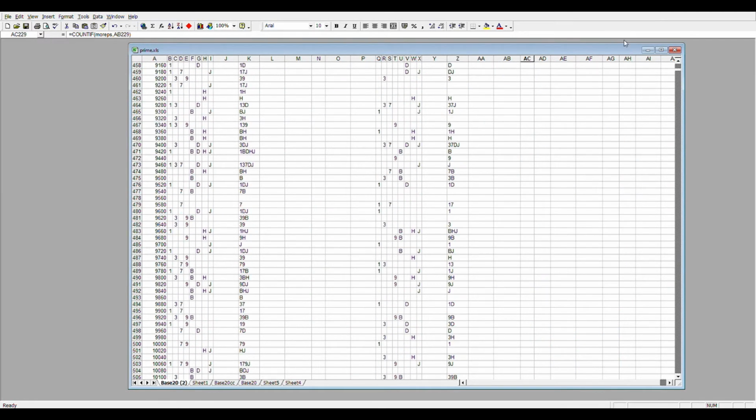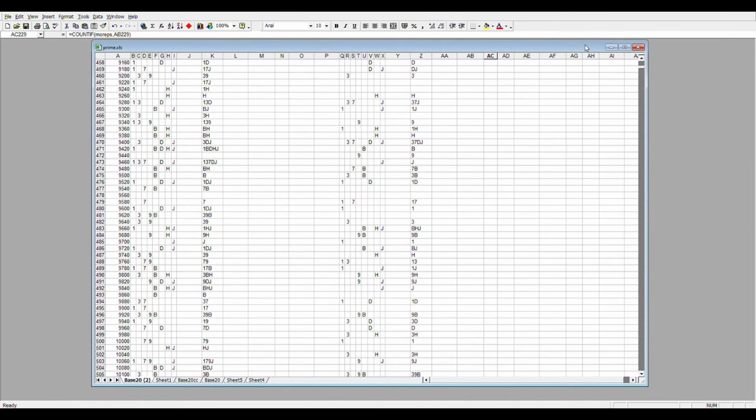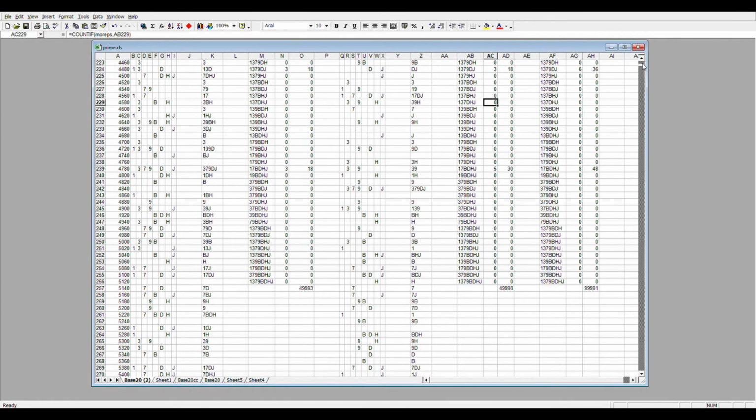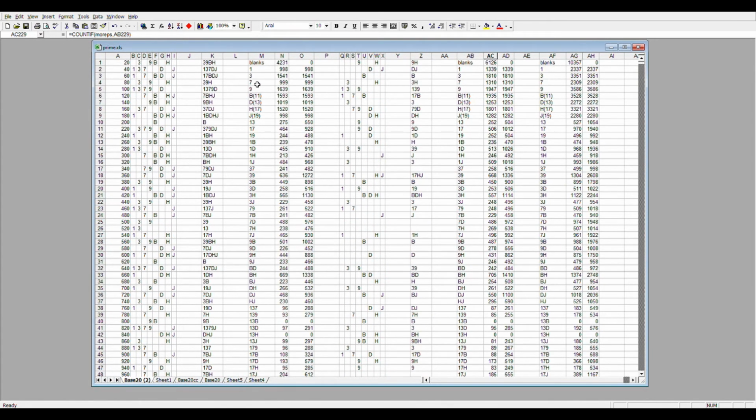And so here's this first column. These first three columns here after the concatenation of these digits give me the number of blanks, the number of times 1 shows up, the number of times 7 shows up, the number of times 9 shows up. And the other column is just a check, just to see if I've got the right number of primes totaled.